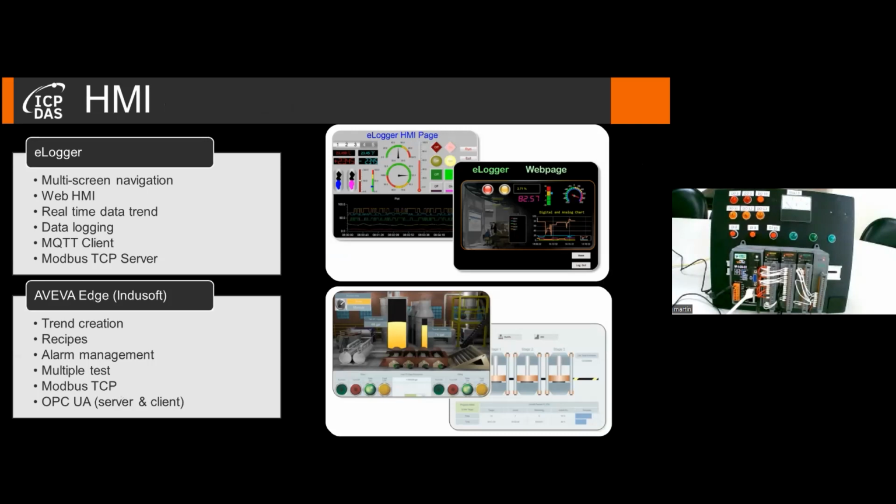The E-Logger is ICPDAS's in-house developed HMI software. This E-Logger includes a web server HMI, so you can design a web server HMI with this environment. And we support AVEVA Edge, formerly known as InduSoft.